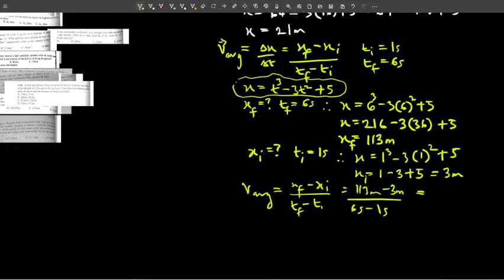So 113 minus 3 gives me 110 meters over 6 minus 1, which gives me 5 seconds. So my average velocity is equal to 110 divided by 5. That will give me 22 meters per second.